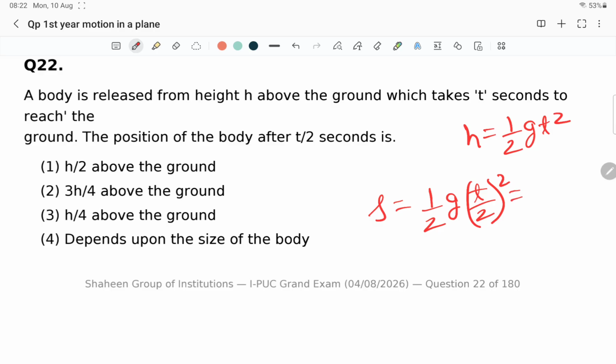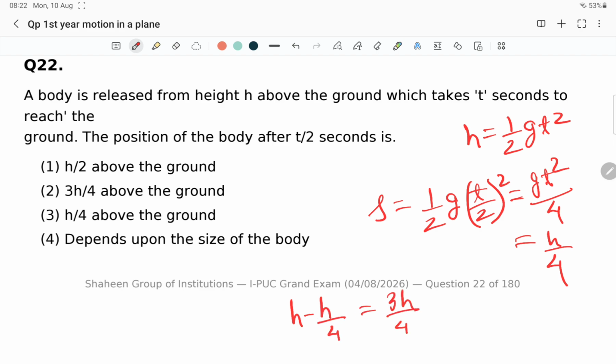That gives gt square by 4, which is nothing but h by 4. The height above ground he has asked, so that will be h minus h by 4, that is 3h by 4 above ground.